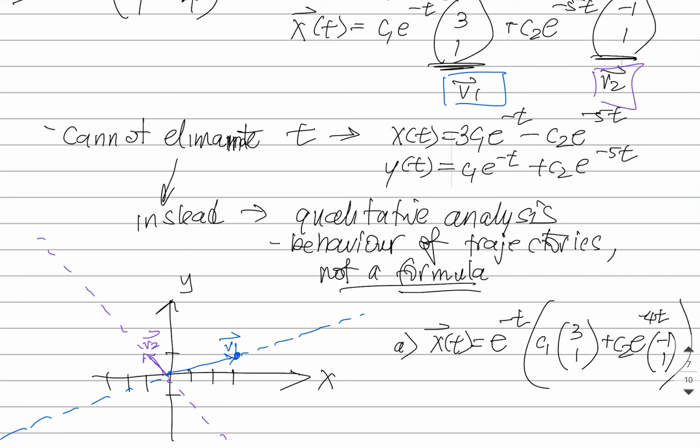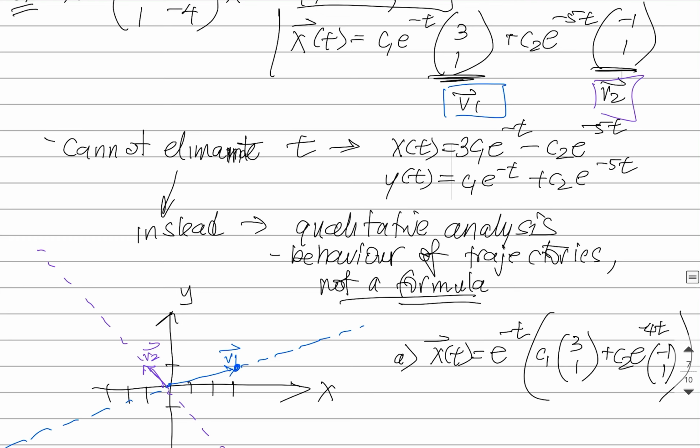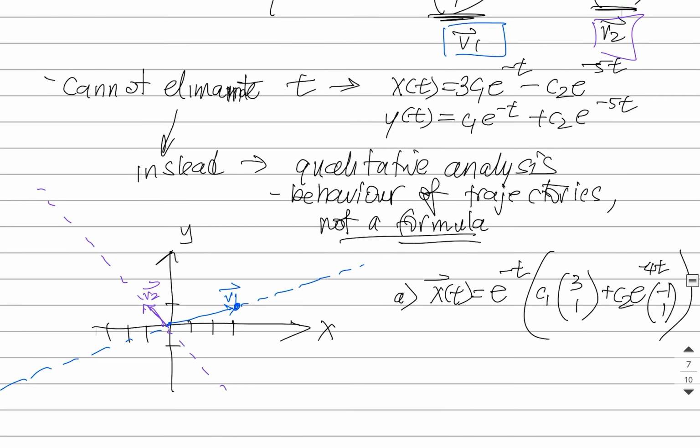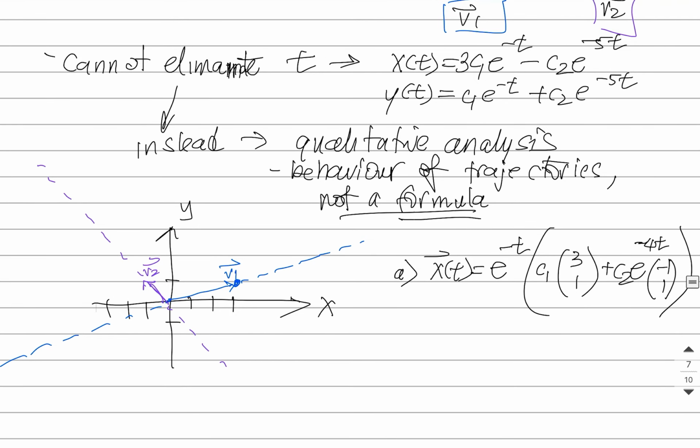So all I'm doing is taking this full solution and factoring out one of the exponential terms. And what's important to notice is that there are two terms left here. One of them has no exponential on the inside. The other one has an exponential.